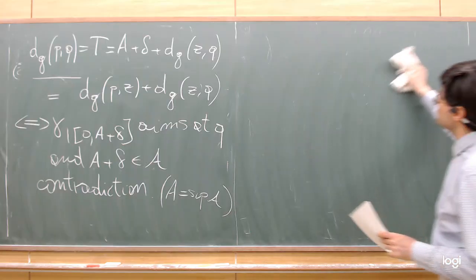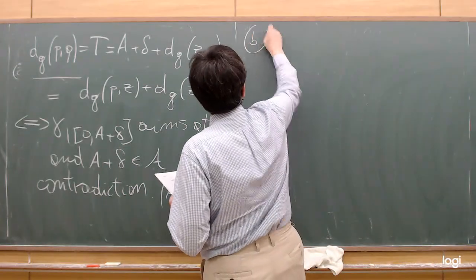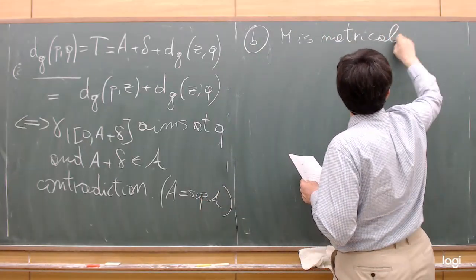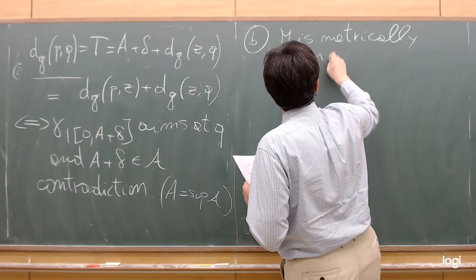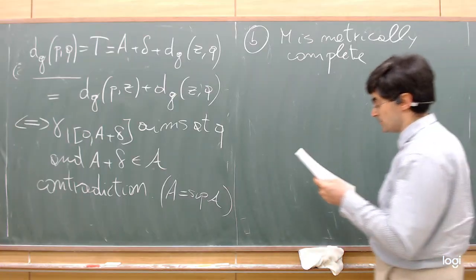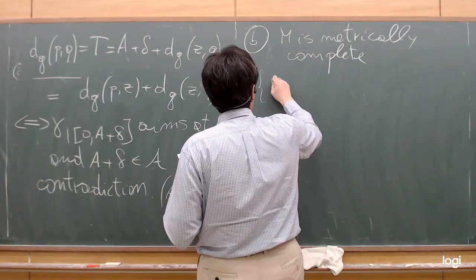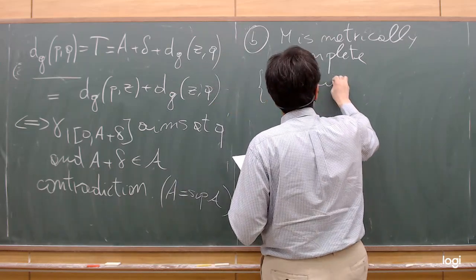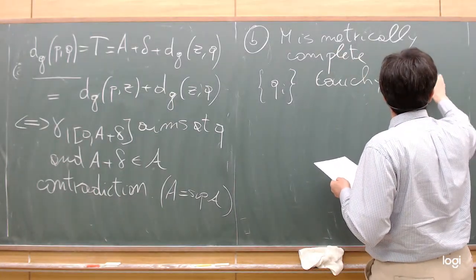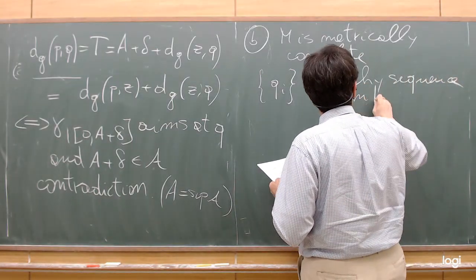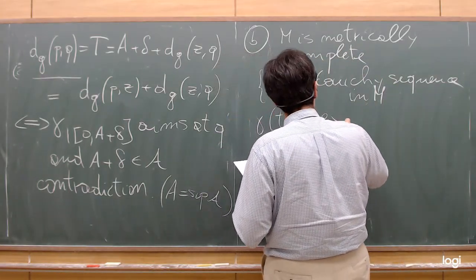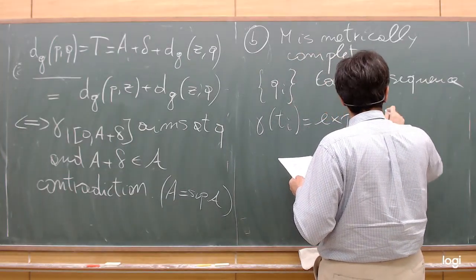Now we have to prove that the manifold is metrically complete. That is, every Cauchy sequence in M converges. So suppose that this is a Cauchy sequence in M, and we define gamma_i as the exponential map acting on t v_i.